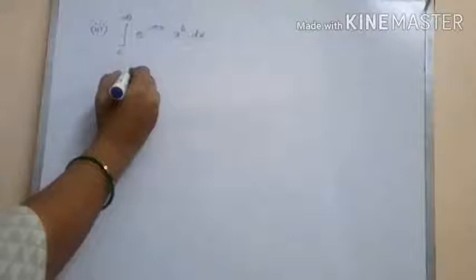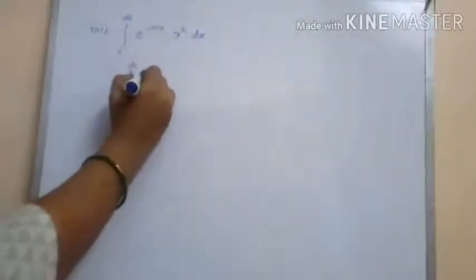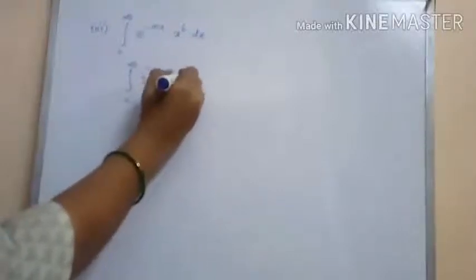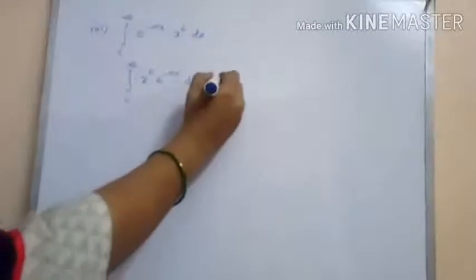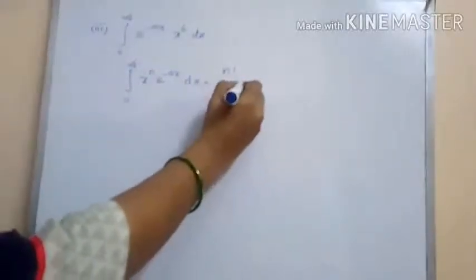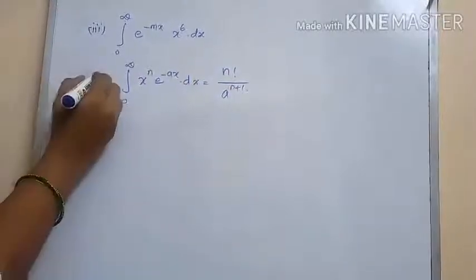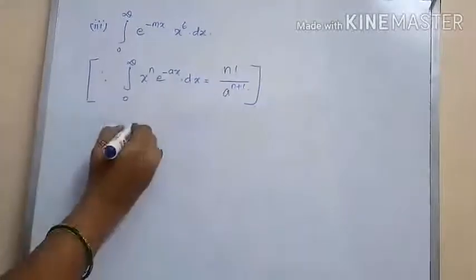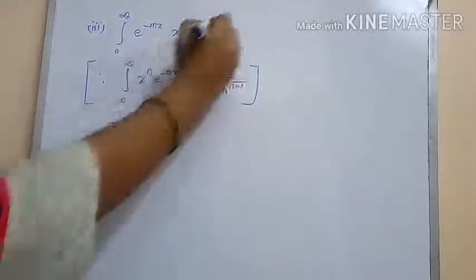The next problem is, we have integral 0 to infinity e to the power of minus mx into x to the power of 6 dx. In gamma integral 0 to infinity x to the power of n e to the power of minus ax into dx is equal to n factorial by a to the power of n plus 1.